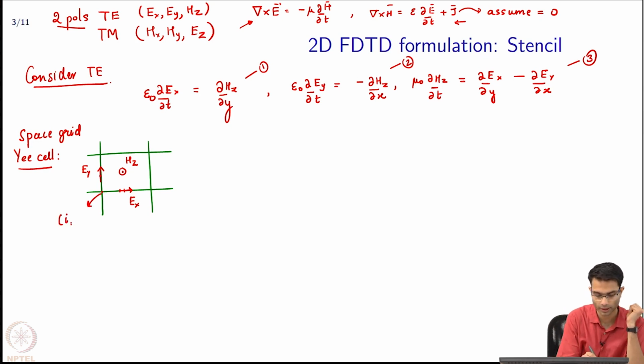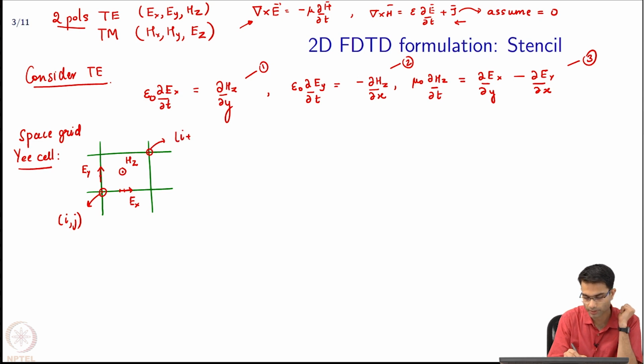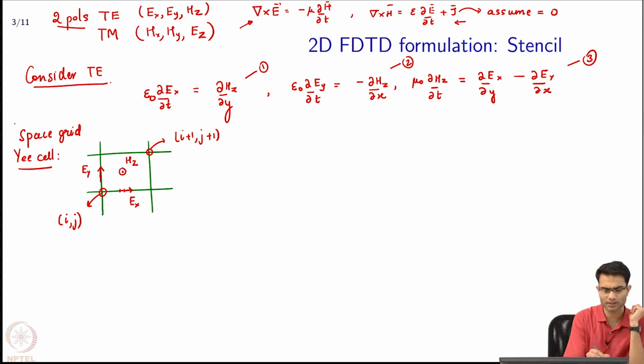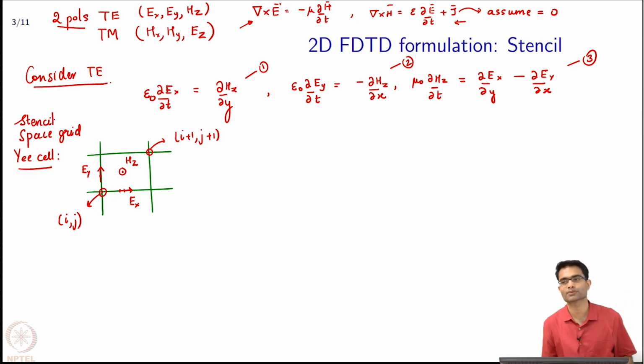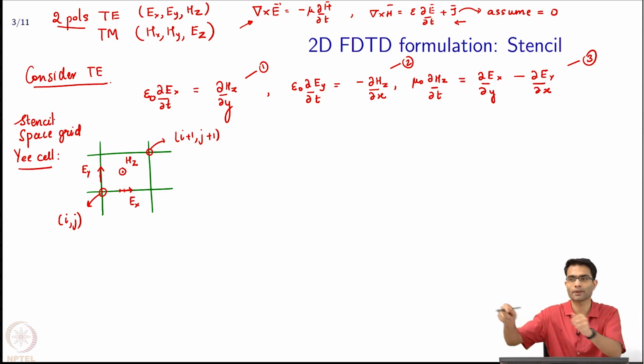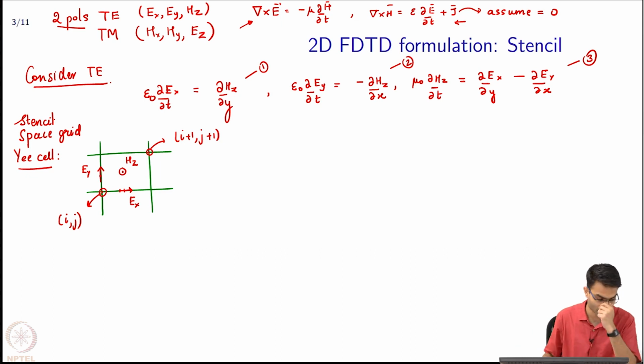So, I will call this the point i comma j, and therefore, this point over here is i plus 1, j plus 1. Okay. So, people also call this a stencil, various names for the same thing. It's a stencil. I repeat it everywhere in space. That's why it's called a stencil.